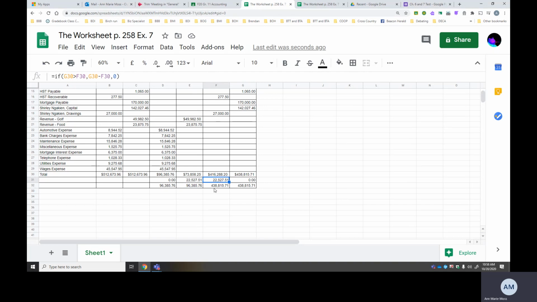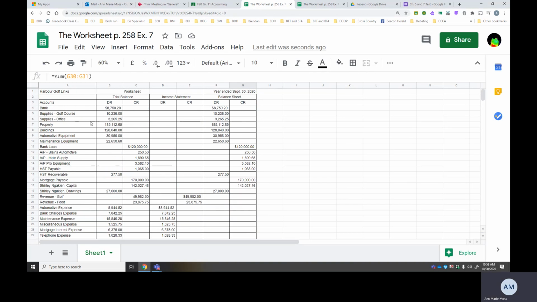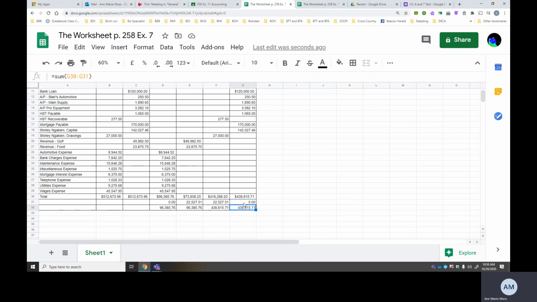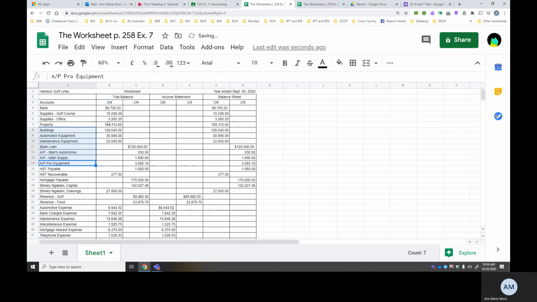It's our balancing figure. And then our two final figures are the same down here. And that's it. So your goal for this evening is to prepare your worksheet to this point with your if statements. And I will change these two figures back. And that's it.